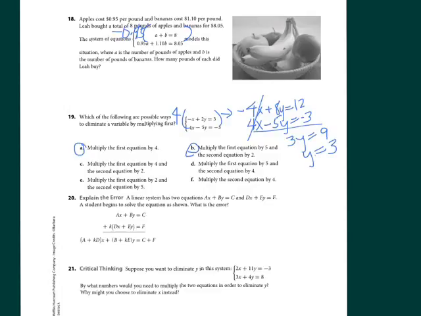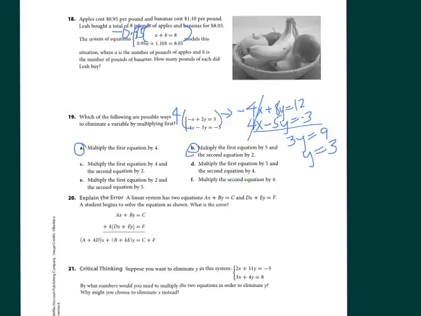And let's check part C. Multiply the first equation by 4 and the second equation by 2. No, that would not work, because if I multiply this one by 4 and this one by 2, I would now get 8 and 4, and 8 and 4 would not cancel. Let's try D. Multiply the first equation by 5 and the second equation by 4.